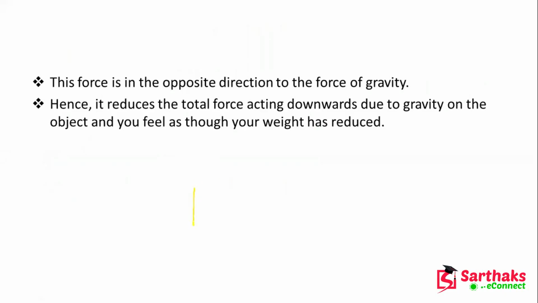So if you have this container with water inside and you throw a ball inside, you can see that the gravitational force will be in this direction, but the thrust will be in this direction. So it reduces the total force acting downwards due to gravity on the object. That's why whenever a swimmer swims, he or she feels some light weight.